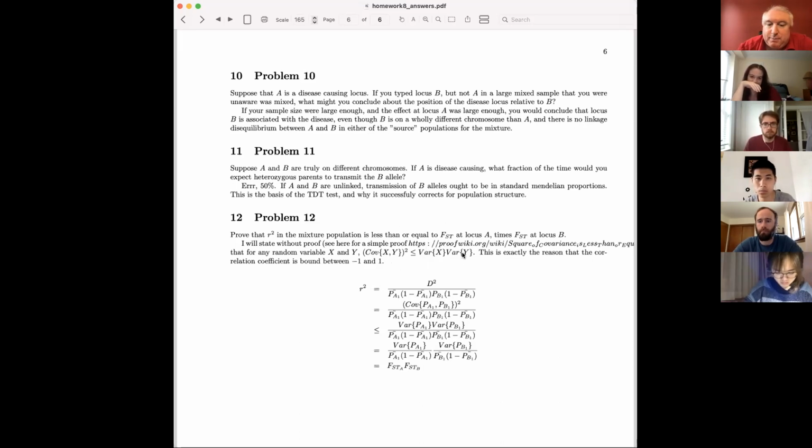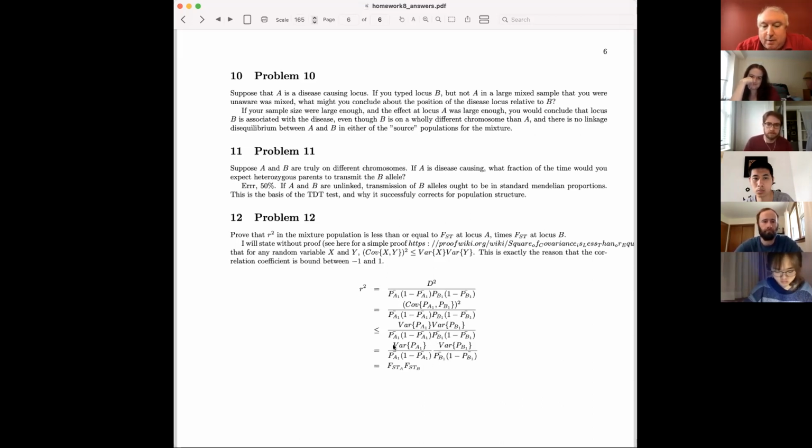The proof of this is effectively the same proof as that r squared is between 0 and 1. It's a kind of tedious proof, but not very hard to show. So this covariance between allele frequencies is less than the individual variance in allele frequencies within their own populations.